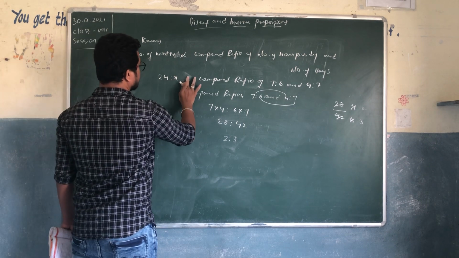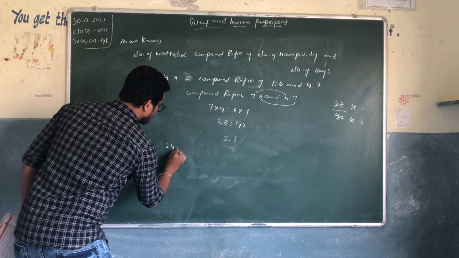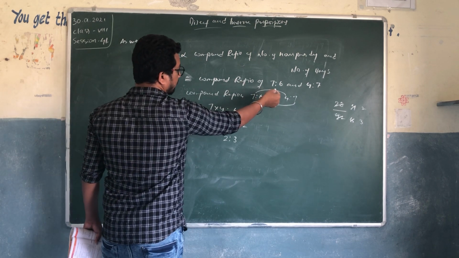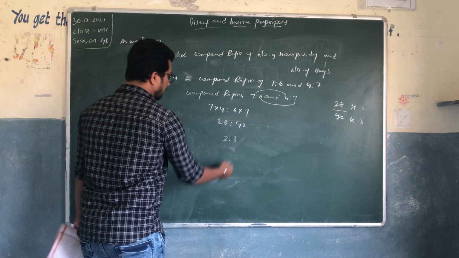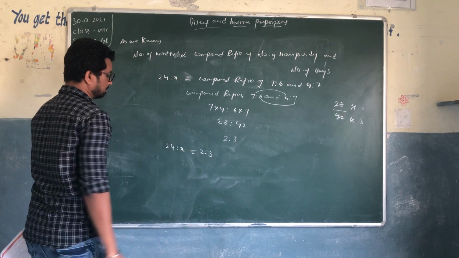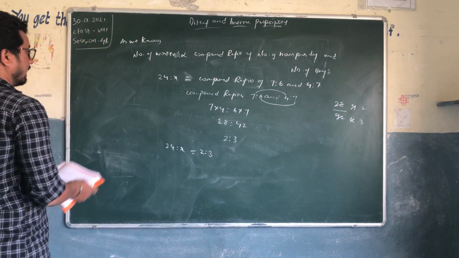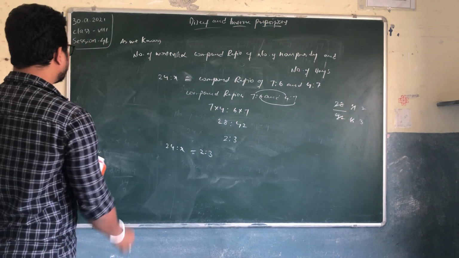24 is to x is equal to the compound ratio of 7 is to 6 and 4 is to 7, which is 2 is to 3. So 24 is to x is equal to 2 is to 3. Same as directly proportional, right? So what we will do?